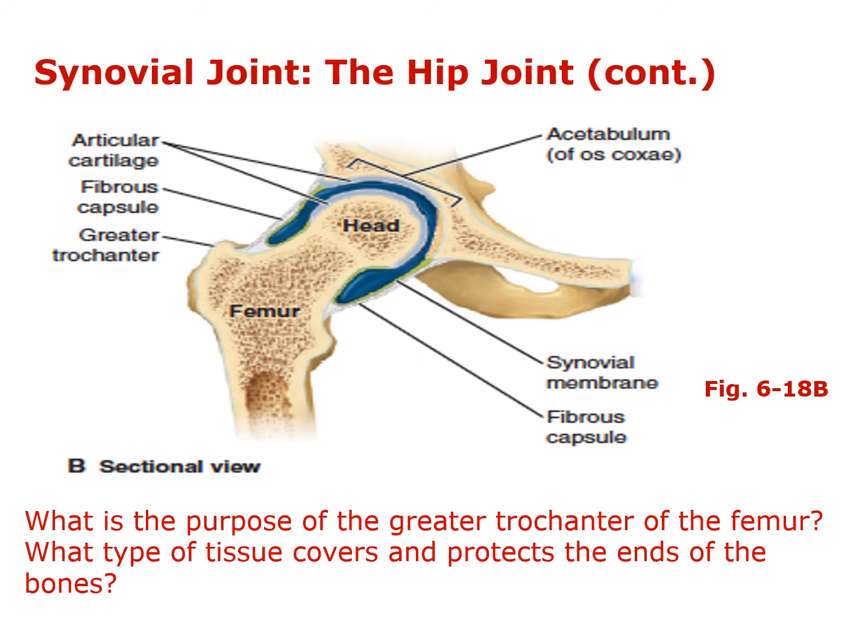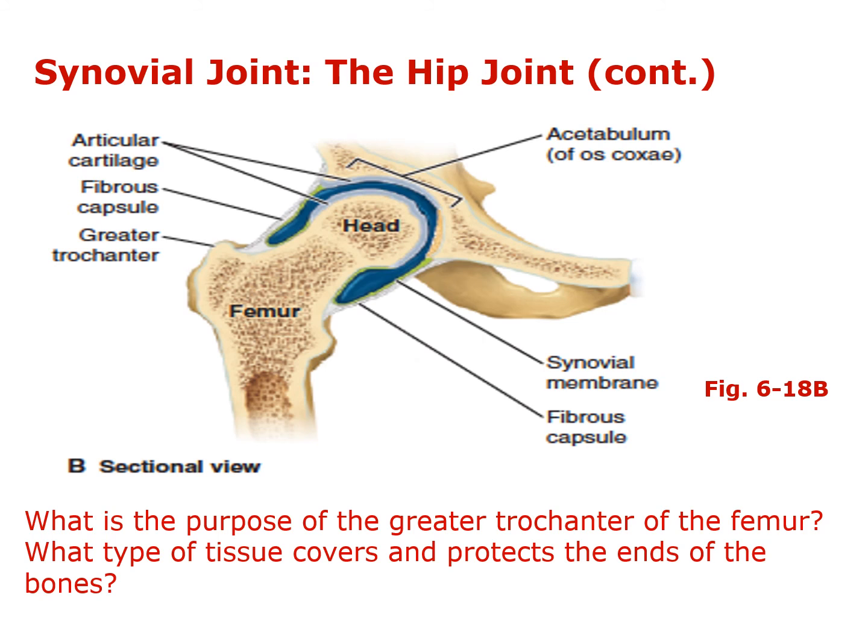What's the purpose of the greater trochanter of the femur? If you want to know the answer to that, look in the back of the book, Chapter 6, Zooming In questions, number 6.19.